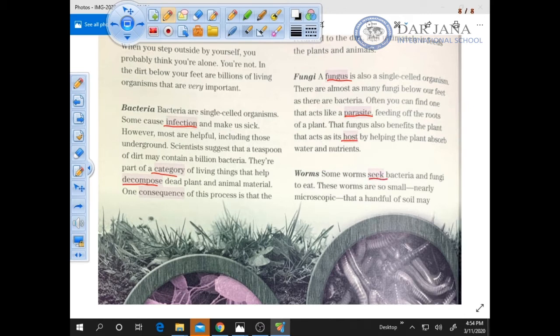Sorry, seek and host. This is host. Yes. So we're going to get the context clues from the paragraph that will tell us the meaning of the words. In a few minutes after completing this, we're going to go into the exact meanings of each word, but the purpose of this exercise is to take context clues from the sentence itself about the meaning of each highlighted word. Now let's go.